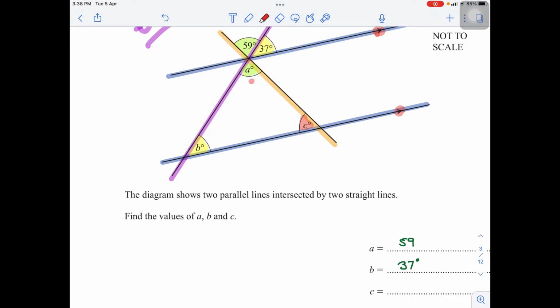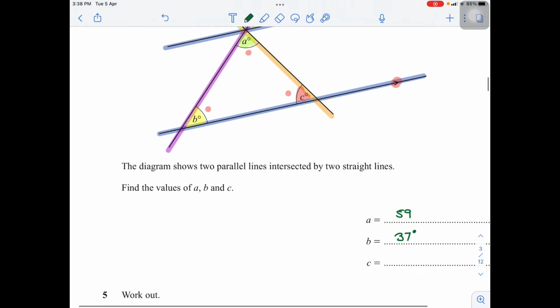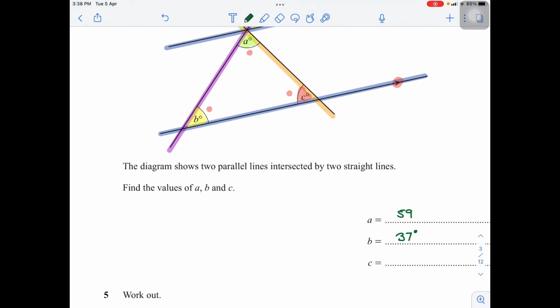Now I have to figure out what's C. So I know 1 plus 2 plus 3. These are angles of a triangle. They add up to 180. So A, which is 59, plus B, which is 37, plus C is 180. Now 59 plus 37 is 96, plus C is 180.